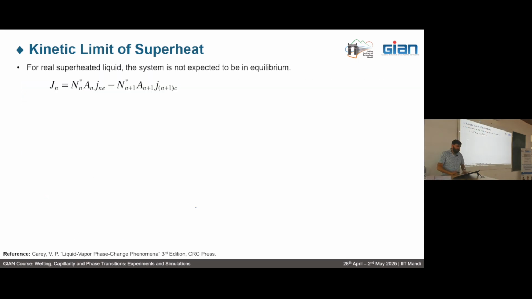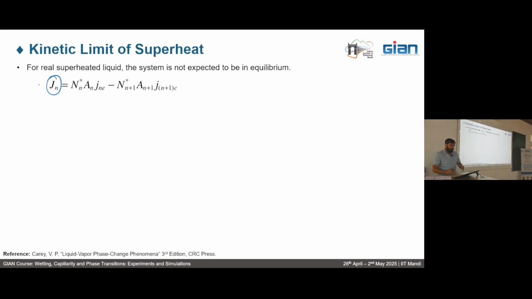Now, for a real superheated liquid, the system is not expected to be at equilibrium, because boiling is not an equilibrium process, it is a highly non-equilibrium process. So we cannot expect the system to always be at equilibrium. For that, we define Jn. Jn is the excess number of molecules for a certain class of population.